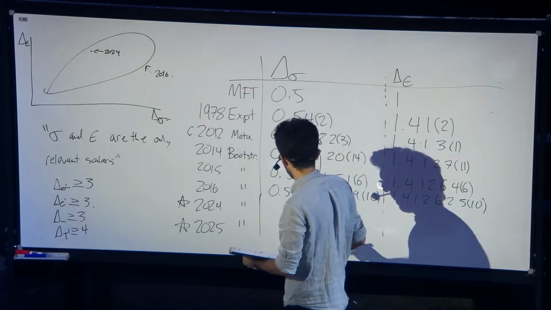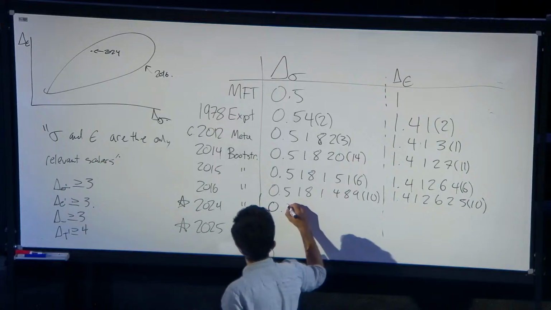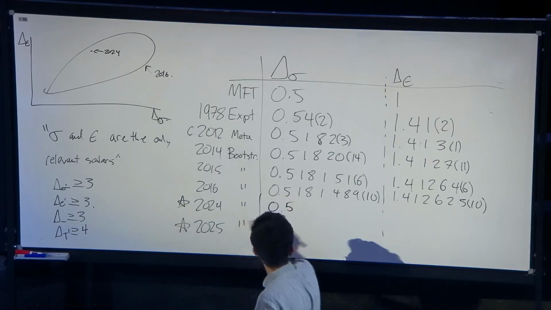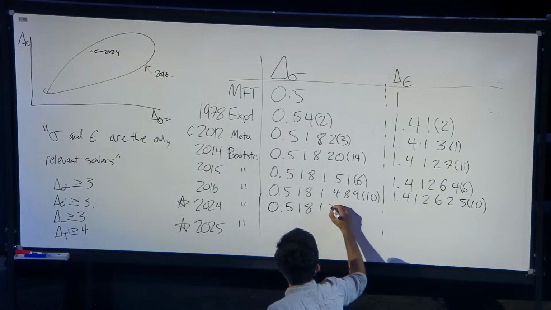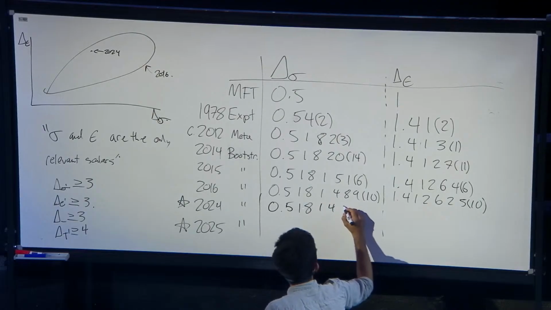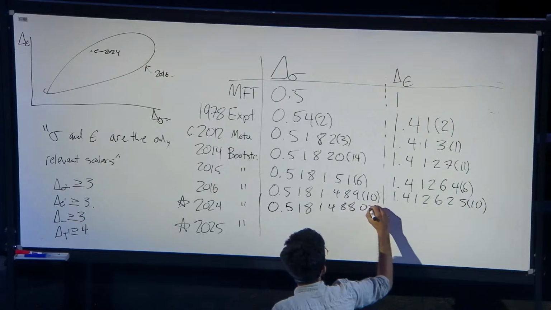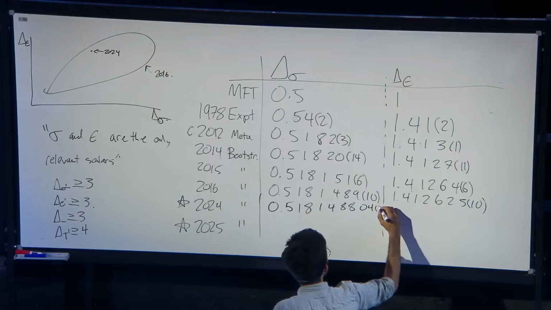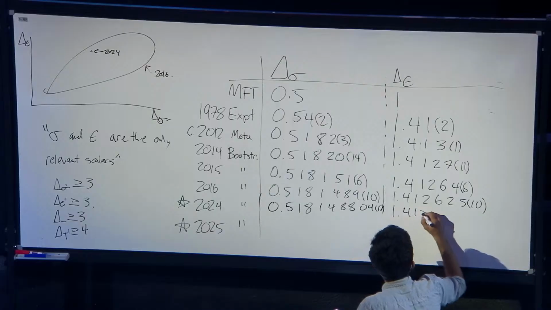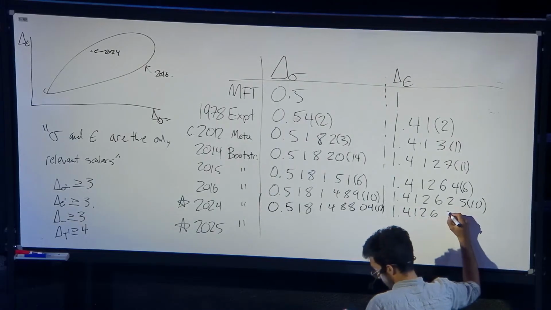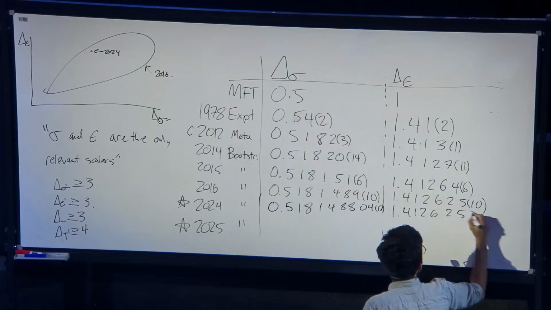So I can give you now the best known answers for this conservative set of assumptions coming from here. 0.518148804, and now I'm running out of space. And 1.4126252716.